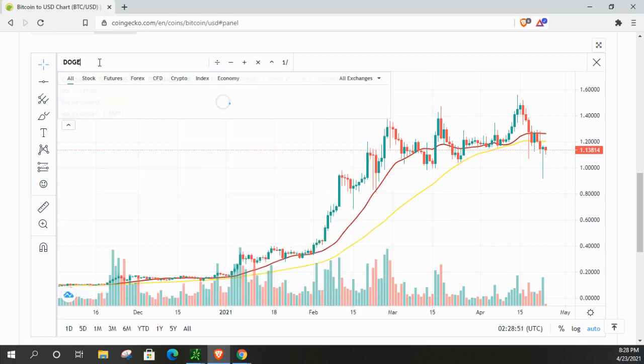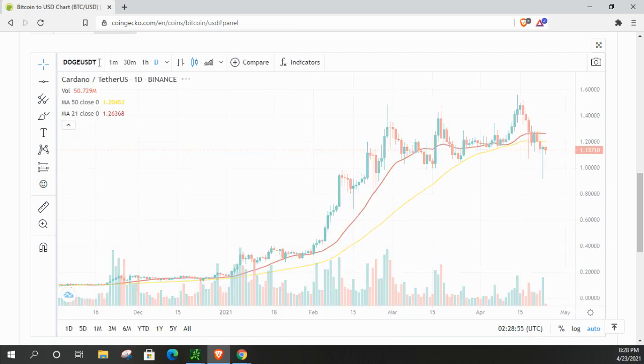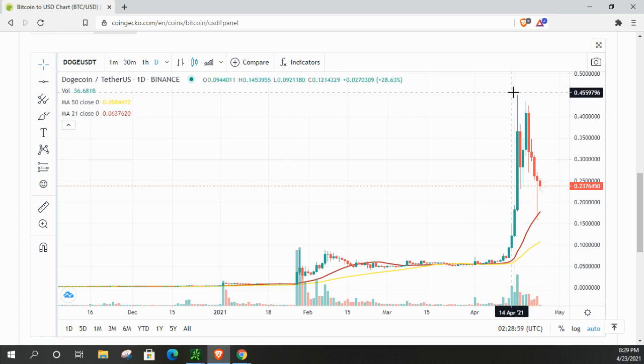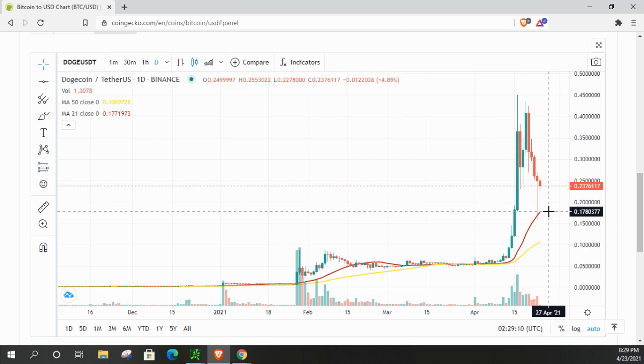Of course, I gotta talk about Doge, the doggy coin. As you guys can see, we went all the way up to 45 cents, and the thing's just plummeted since then. It's really trying to let that 21-period moving average catch up on the daily.